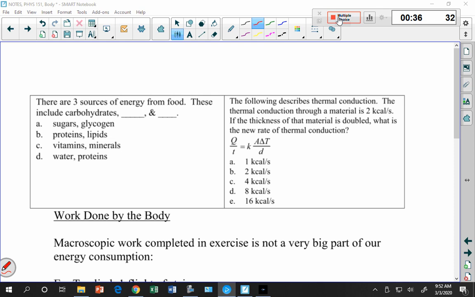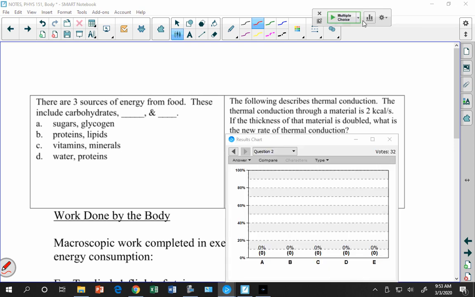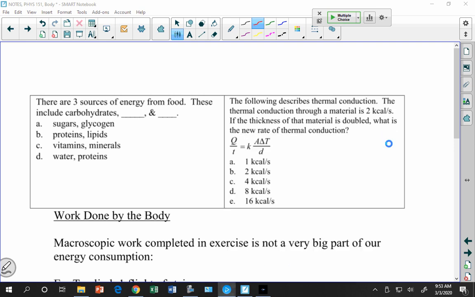All right, let's stop at 42. Okay, what is it? Carbohydrates, proteins, and lipids. Very good. So B is the right answer.